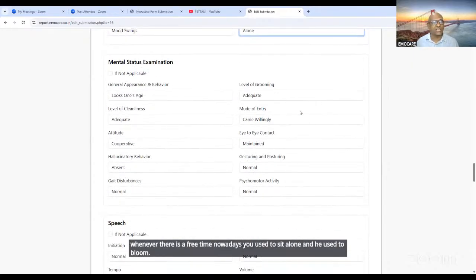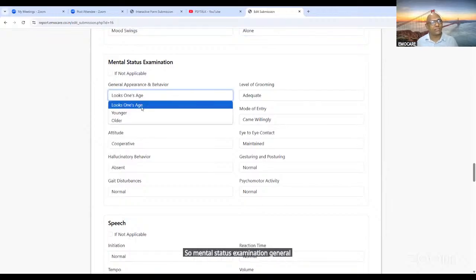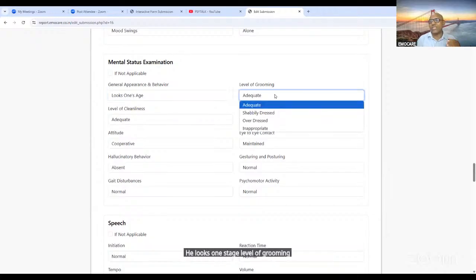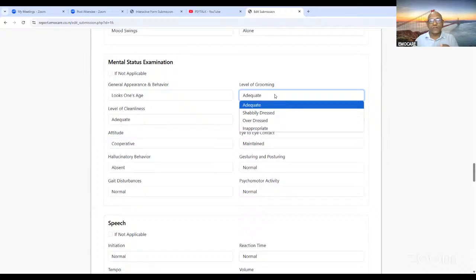So mental status examination. General appearance and behavior. He looks his age. Level of grooming, he is adequate.